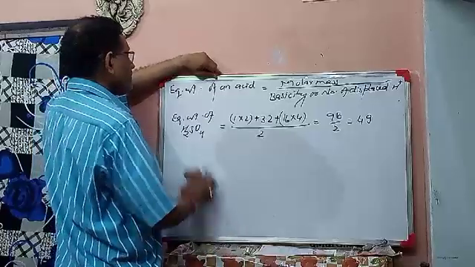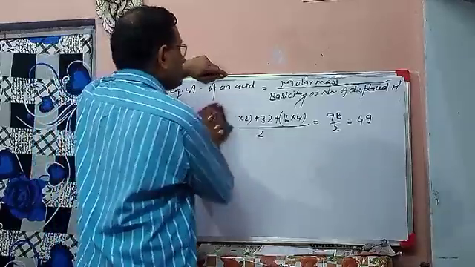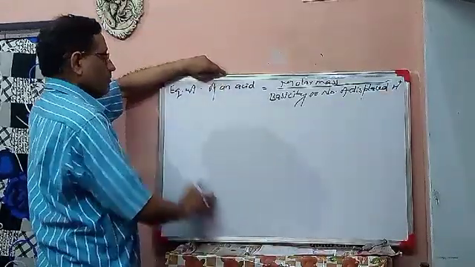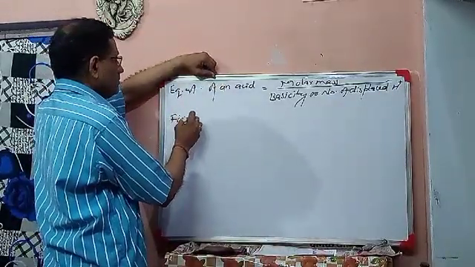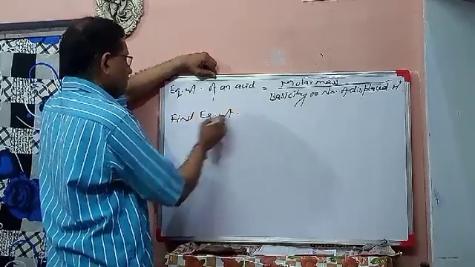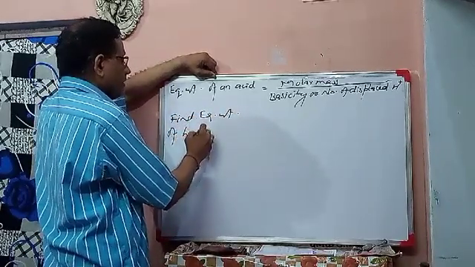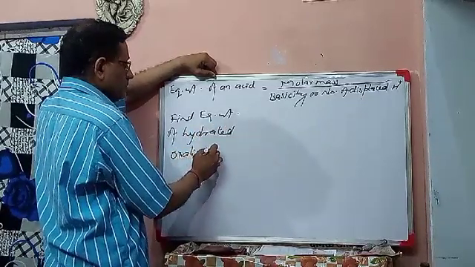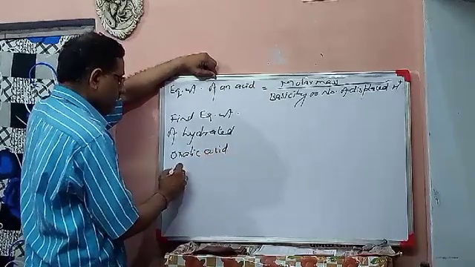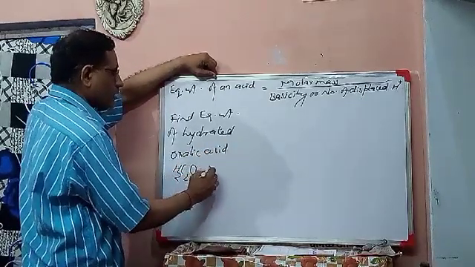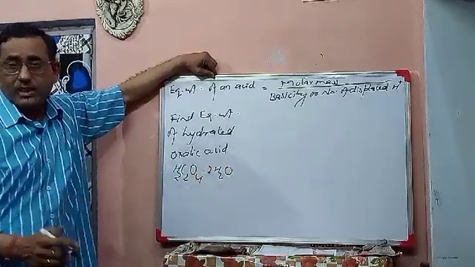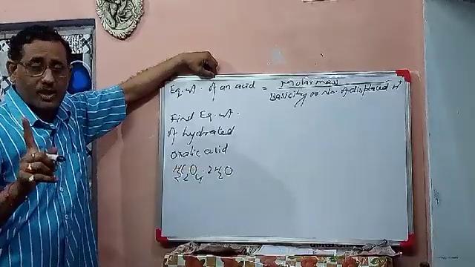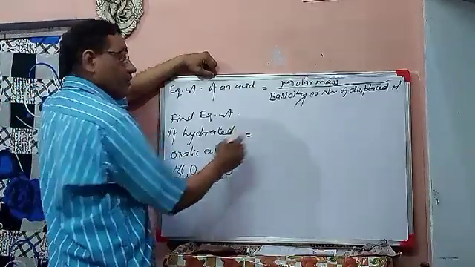In the same way, find the equivalent weight of hydrated oxalic acid. You know the formula is H2C2O4.2H2O. The displaceable hydrogen ions will be there, not there. This is an H2O molecule, not acid. So you find the formula mass.